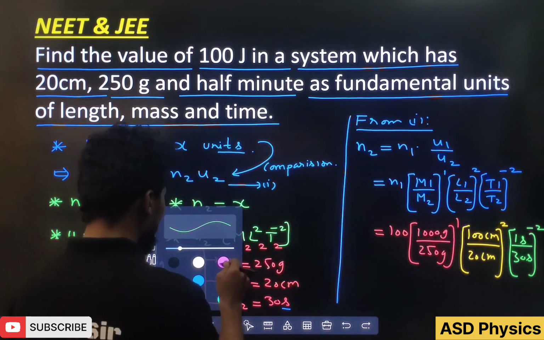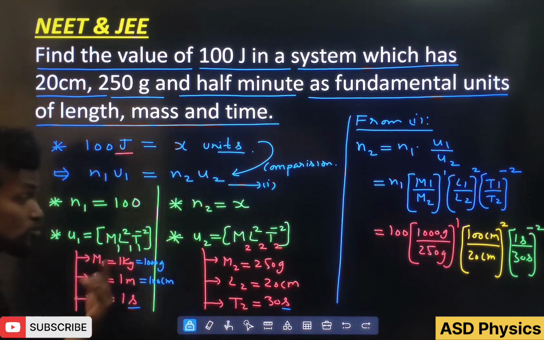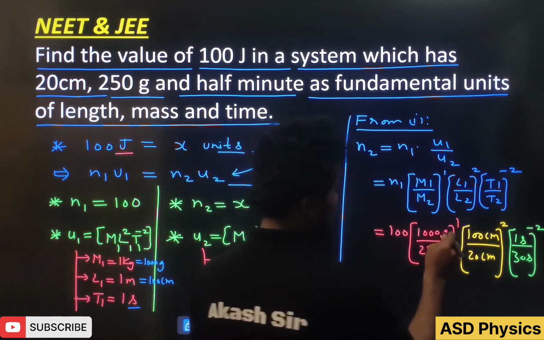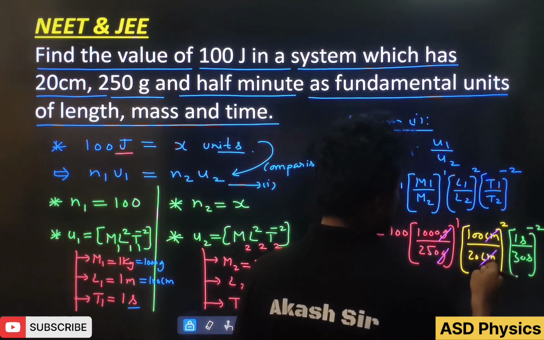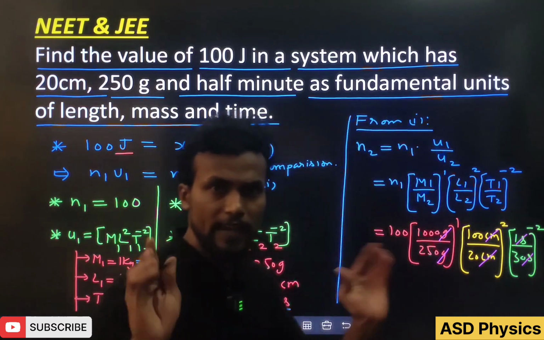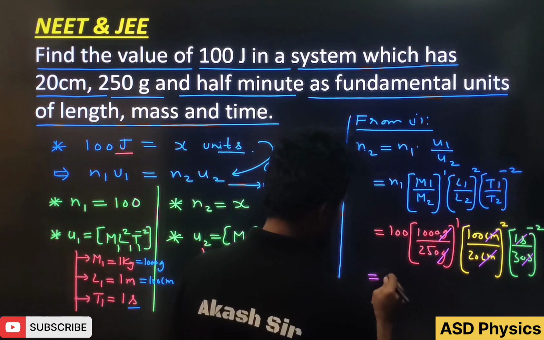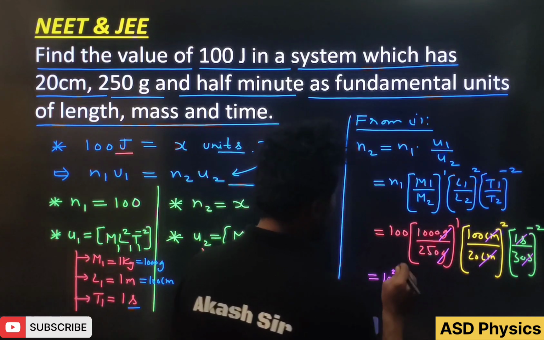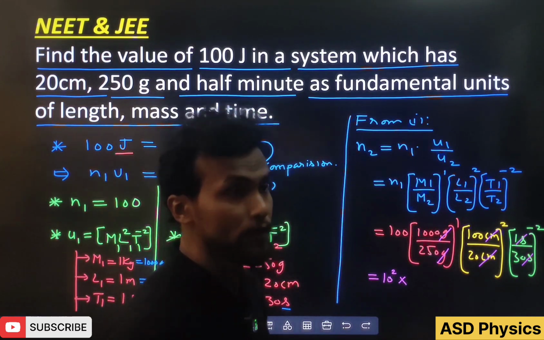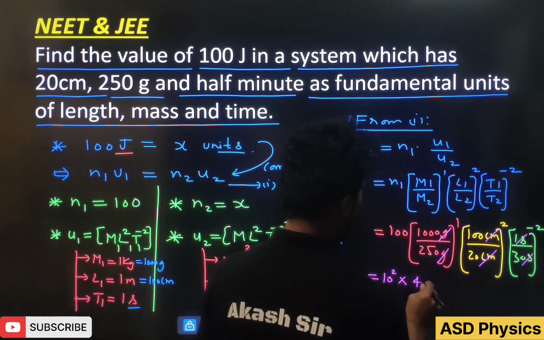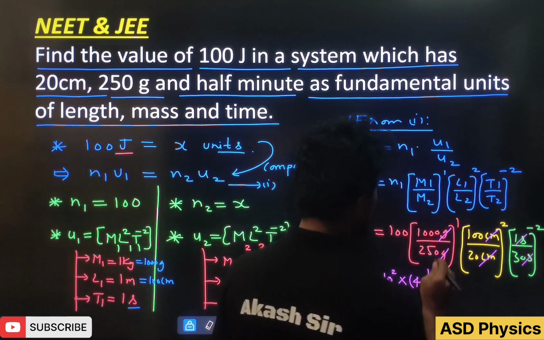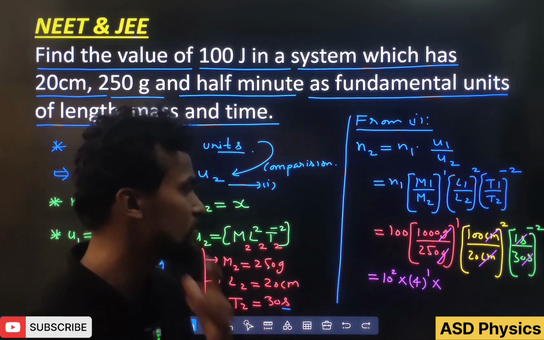After that, you can now identify very well why we have converted into the same units, because now the gram, centimeter, second are cancelled. So after that, this will become 10 to the power 2 into 1000 by 250. What will come here? It will become 4 power 1, correct? 1000 by 250, 4 power 1.